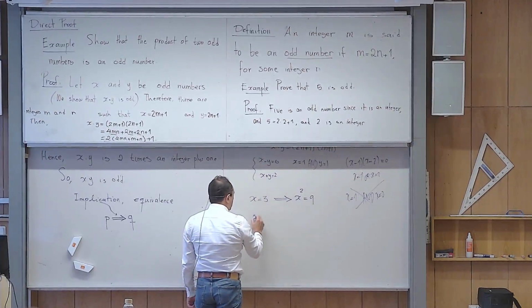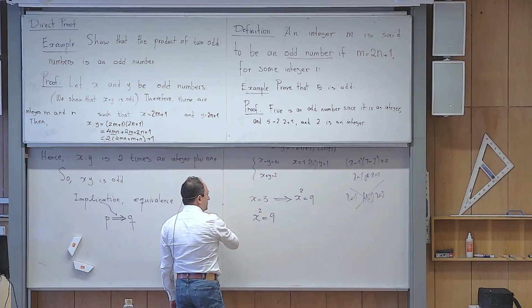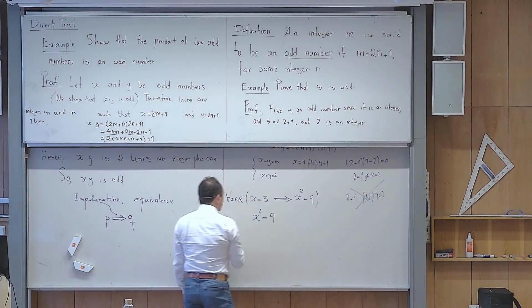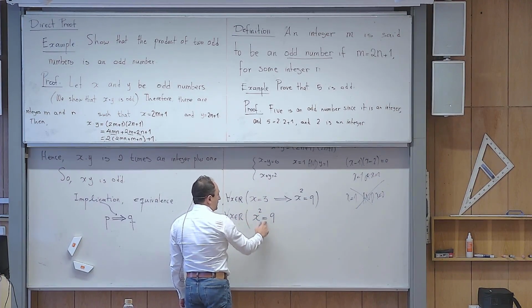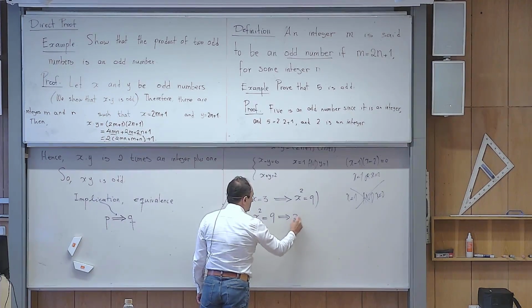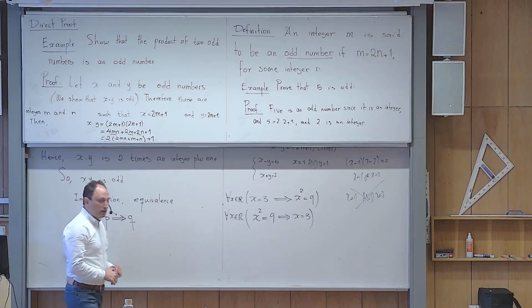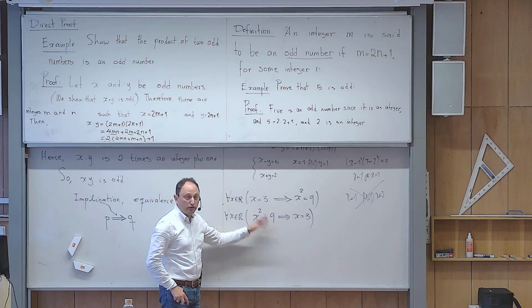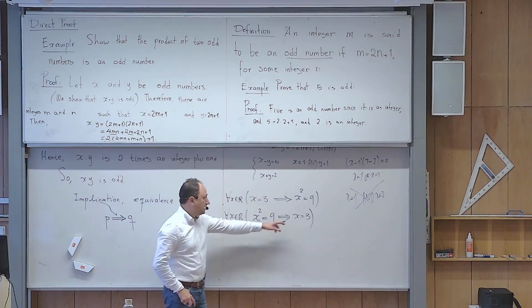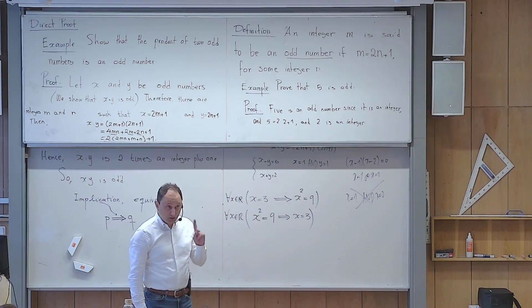Let us think of it the other way around. x squared is equal to 9. I am working with real numbers, so here I would say for all x in R, if I want to be precise. For all x in R, do you think x squared equals 9 implies x is equal to 3? It is clearly not. Because if I know x squared is 9, I cannot guarantee that x is 3, because it might happen that x is minus 3.